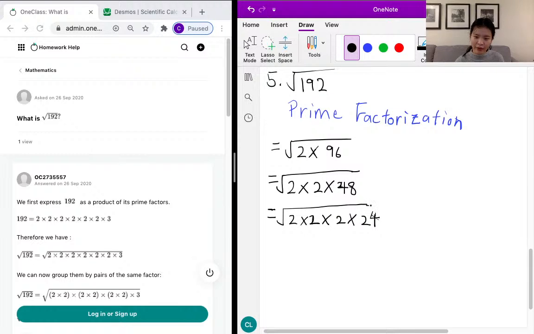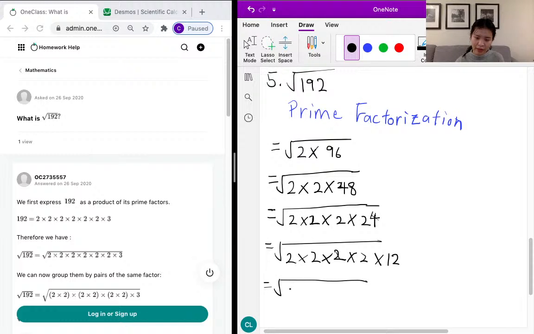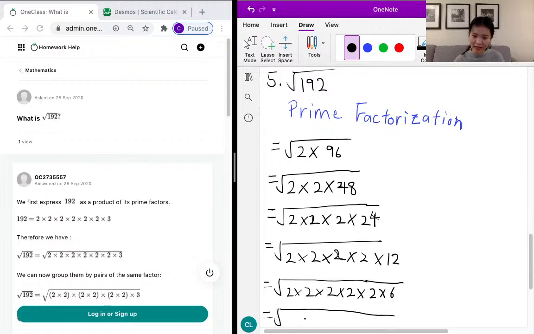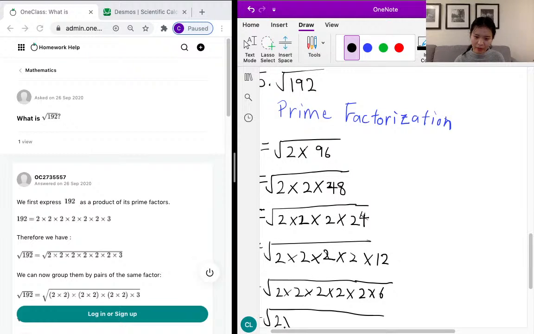Again, 24 ends with 4, so 2 is a factor. So 2 times 2 times 2 times 2 times 12. Again, 12 ends with 2, so 2 is also a factor of 12. So I have 2 times 2 times 2 times 2 times 2 times 6. And again, 6 is not yet prime, but from here we can see that 6 also ends with a 6.